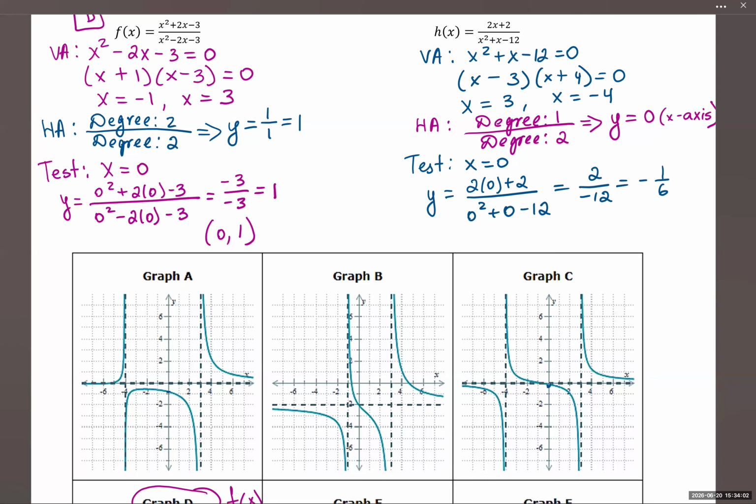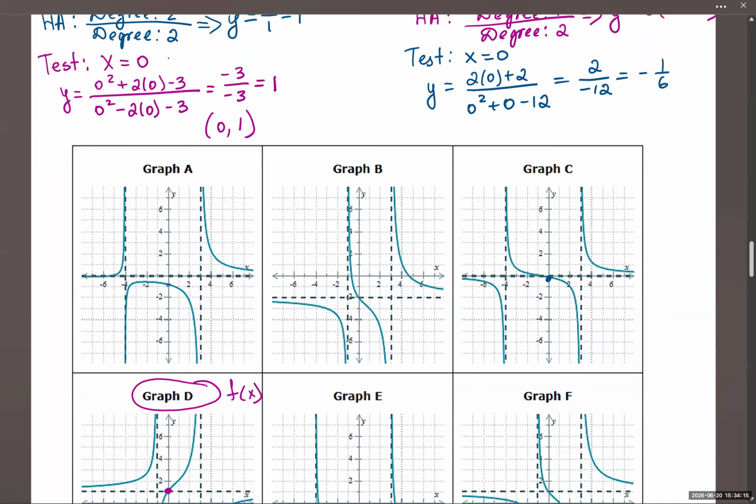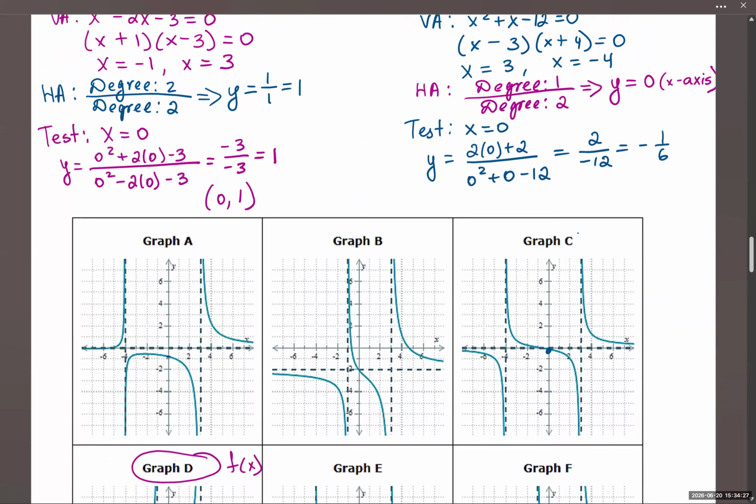It's very, very slightly below the x-axis. So it's in the negative direction, and it's very close to 0, which is what we have. So graph C looks very promising. My guess is that's what it is, but I have to check all of them. We already eliminated graph D, and graph E does not have the correct horizontal asymptote, and neither does graph F. So it is graph C.